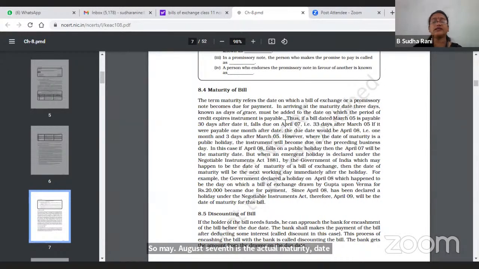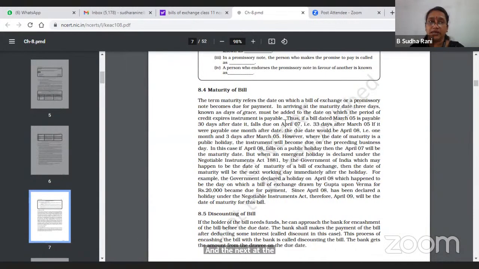Now, relating to these grace days, you must also remember that if the maturity date falls on a public holiday, like a Sunday or August 15th or October 2nd, then the previous date will be the maturity date. As per our example, August 4th is the maturity date. So if August 4th is a Sunday, then you must take the previous date, August 3rd, as the maturity date.